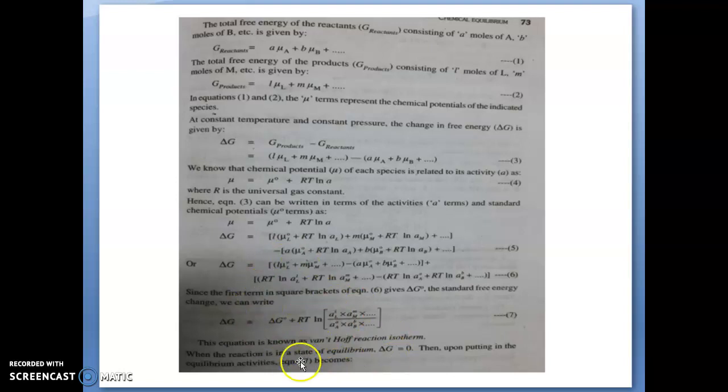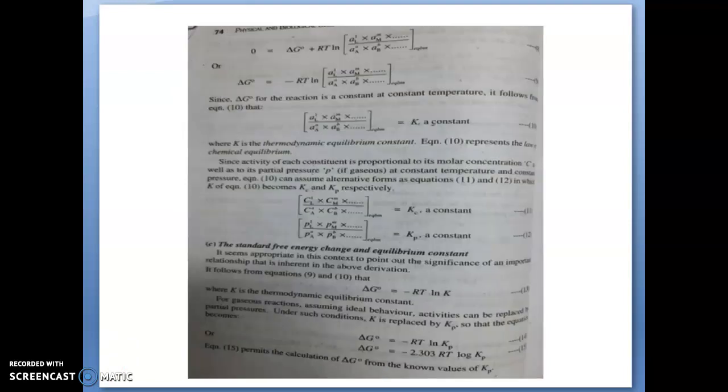If the system is in equilibrium, then we know that the change in free energy will be equal to 0. Putting the equilibrium activities, equation 7 becomes 0 equal to delta G0 plus RT ln of the equilibrium term.